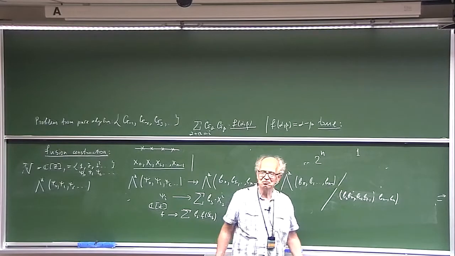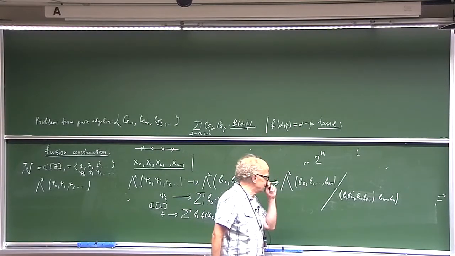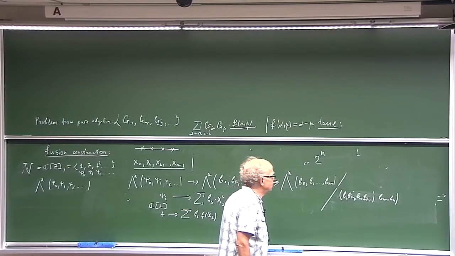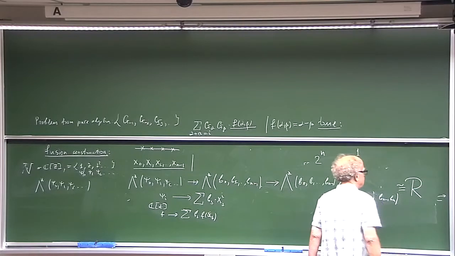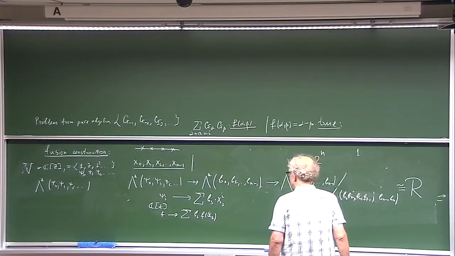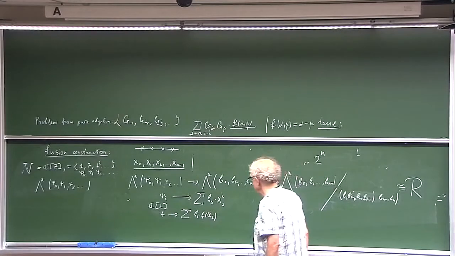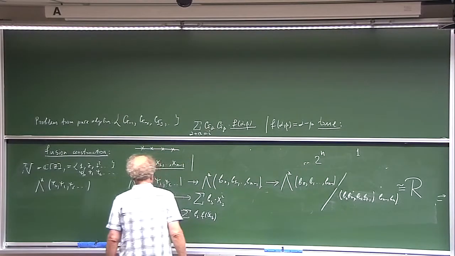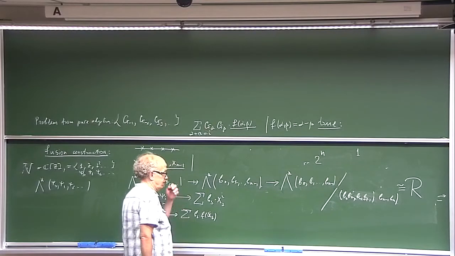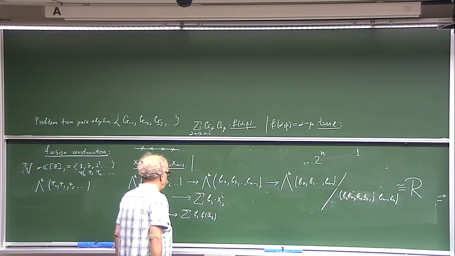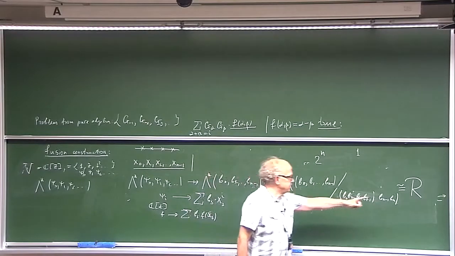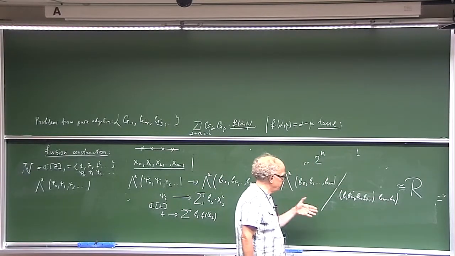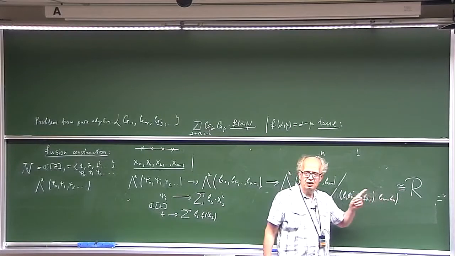If I denote this space by R bar, again I can proceed in two ways. One way, I have a representation of the Grassmannian algebra, and I can act by the image.